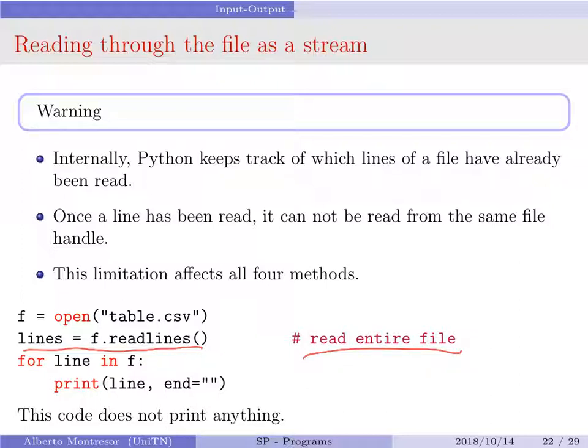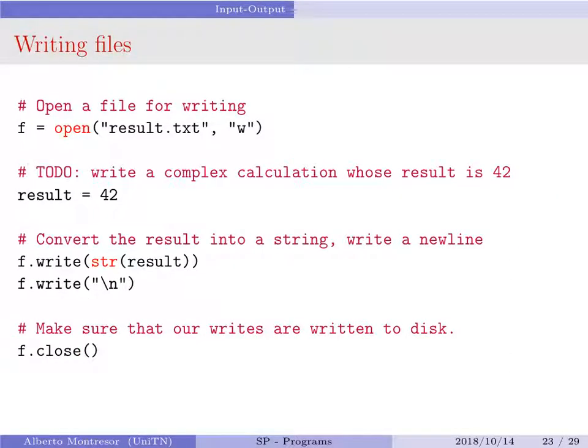And then if you do something like this, in which you print the lines, it tells you nothing because there are no lines anymore, because all the lines have been read already. And so if you try something like this, nothing is printed.